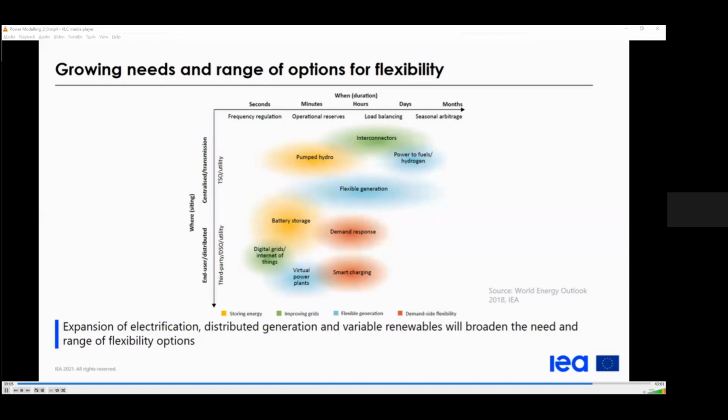These options range from very short-term flexibility within the minute or even a second time frame, on the left, for which storage is quite well suited, to very long-term seasonal arbitrage, where grids would play a role. Flexible generation is a bit everywhere in this landscape.